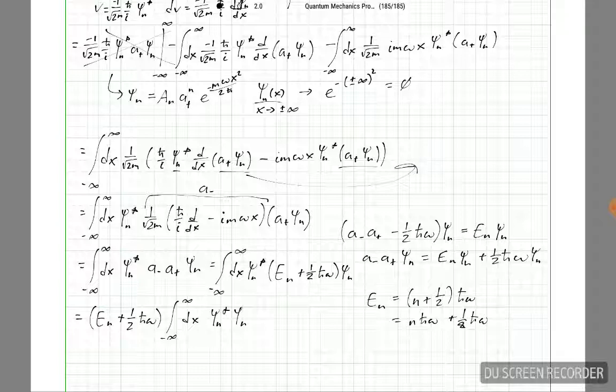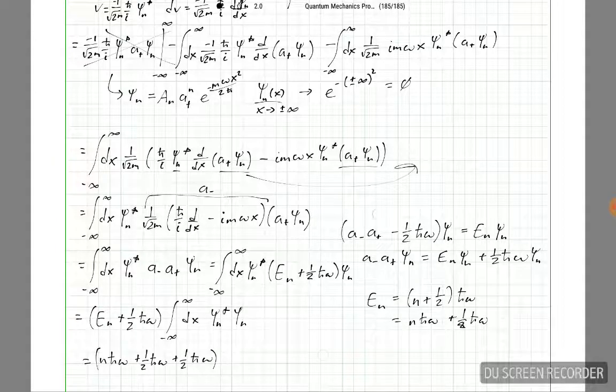So that means that I have n h bar omega plus 1/2 h bar omega plus 1/2 h bar omega, and then times the integral of my wave function squared, the absolute value of my wave function squared, which is 1.